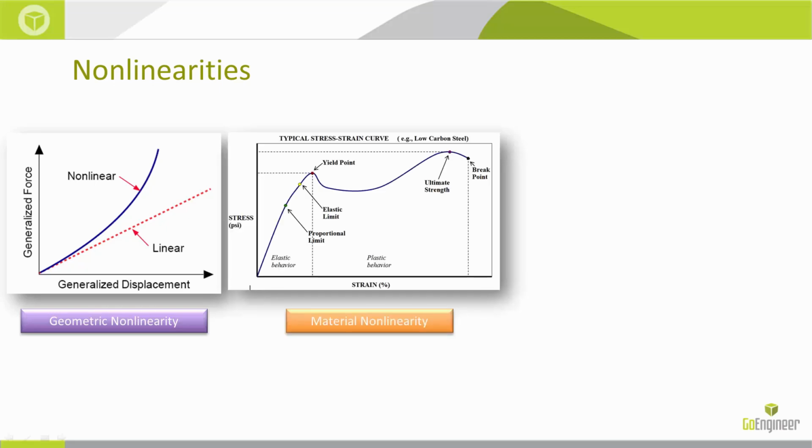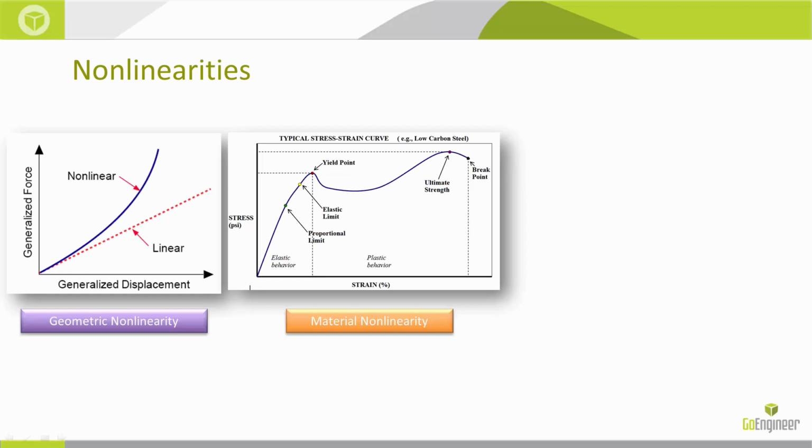We can also take into account material nonlinearities. So in just a linear static simulation, you're looking at a linear elastic material model, meaning that you have your Young's modulus, and you assume that as far as you push the product, it's going to snap right back. It always stays in the elastic region. It never passes yield. But now in a nonlinear analysis, since we're looking at time steps, we're able to apply various material models that have curves in them associated with the strain.